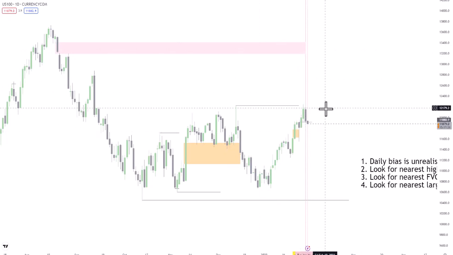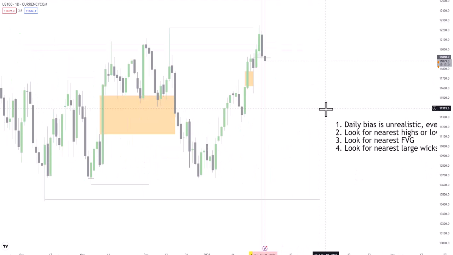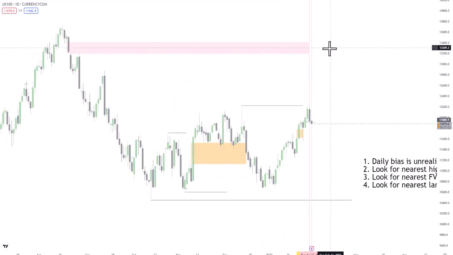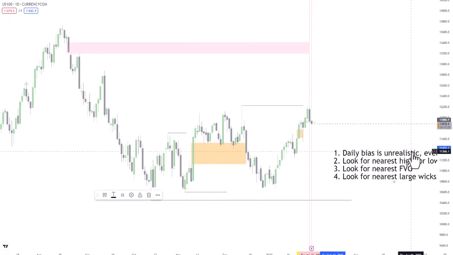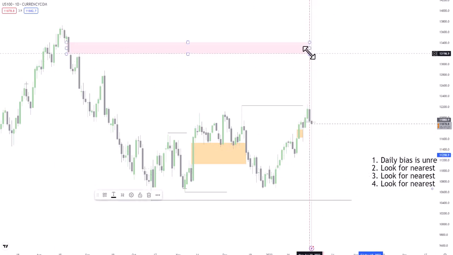Normally it's supposed to reverse, but I don't tell it that, because if it keeps giving me an impulsive move, I'll be looking at this imbalance right here. Remember I told you to look for the nearest highs, or the nearest everything. If price refills this imbalance and gives a reaction, like the weak zone liquidity I talked about in the previous video, then I'll get my confirmation or confidence that price is ready to sell.